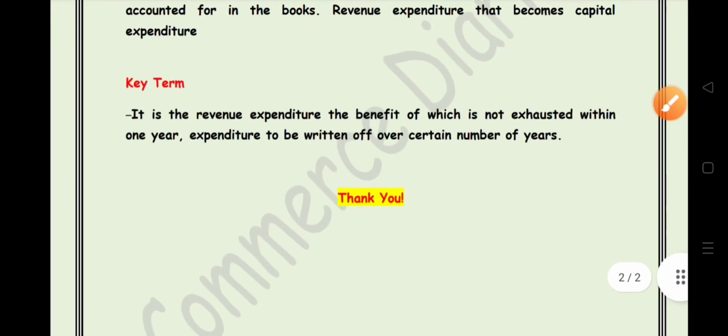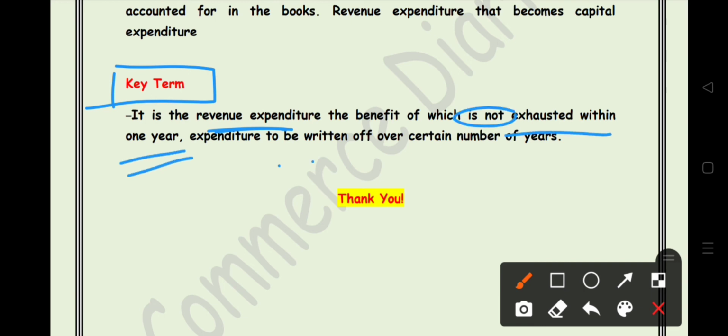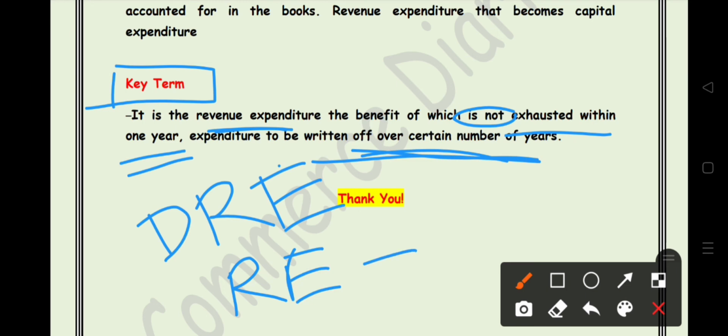Now here there is one key term I have mentioned. We have to remember this. It is the revenue expenditure whose benefit is not exhausted within 1 year, and the expenditure is to be written off over a certain number of years. This we will treat as a deferred revenue expenditure. Means we can say that it is a combination of revenue expenditure as well as capital expenditure.